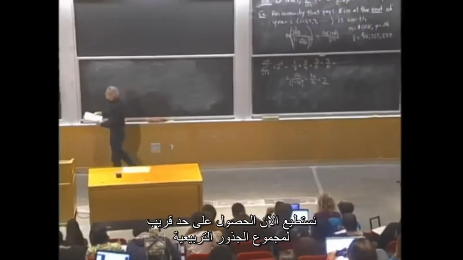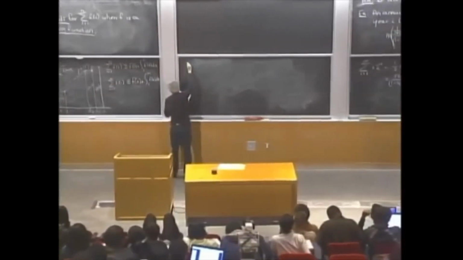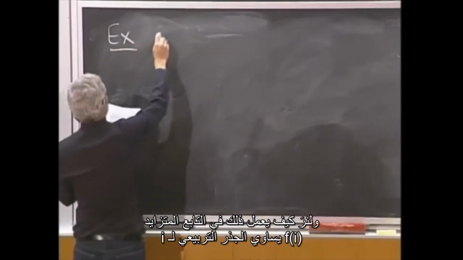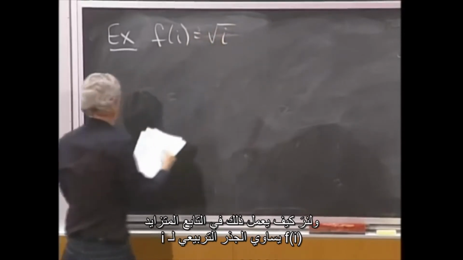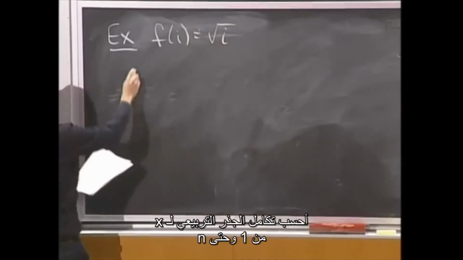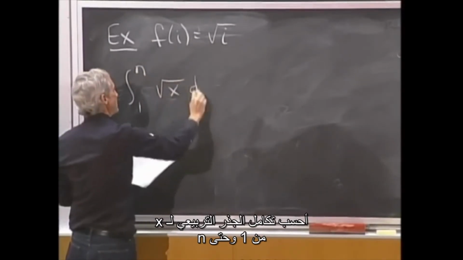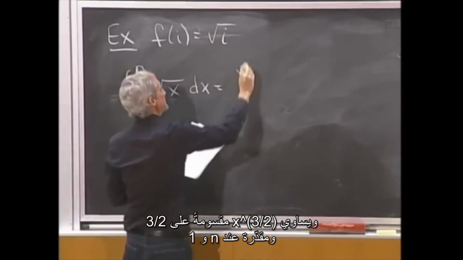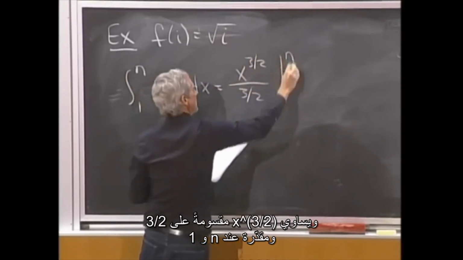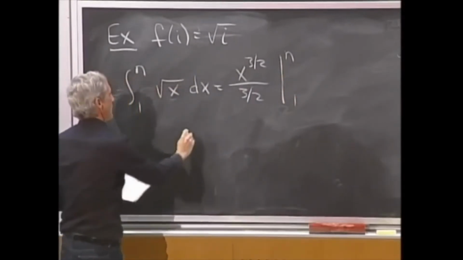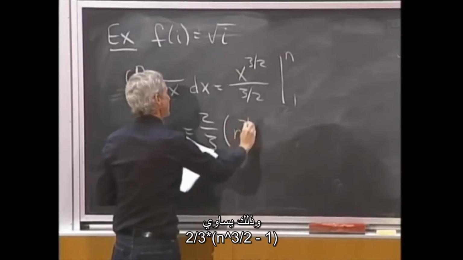Okay, so now we can actually get close bounds on the sum of the square roots. Let's see how this works for f of i equal the square root of i, which is increasing. So I compute the integral from 1 to n of square root of x dx. And that's just x to the 3 halves over 3 halves, evaluated at n and 1. And that just equals 2/3 times (n to the 3 halves minus 1).